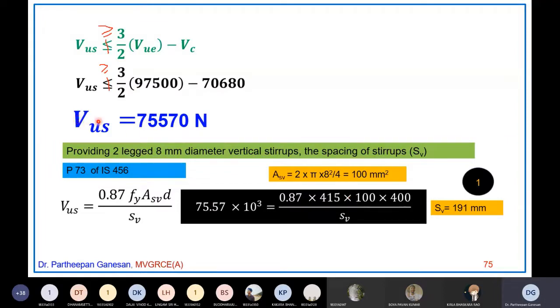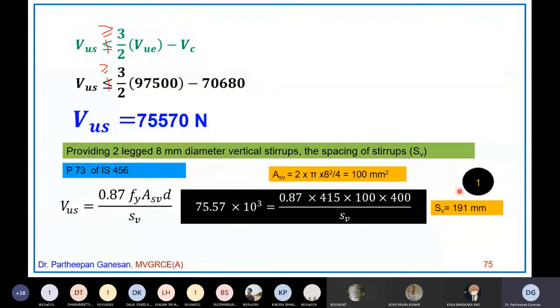That means your shear reinforcement should take 75.57 kilonewton. But if you provide a higher spacing, the strength of the shear reinforcement will reduce. Consequently, your beam will fail. So that is why spacing should always be less than all these three values.